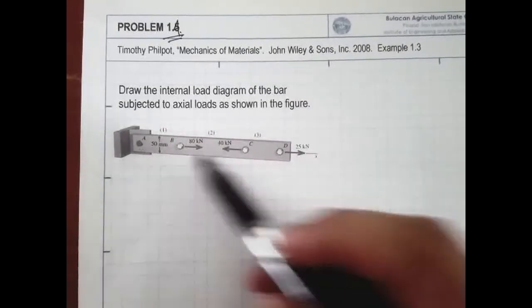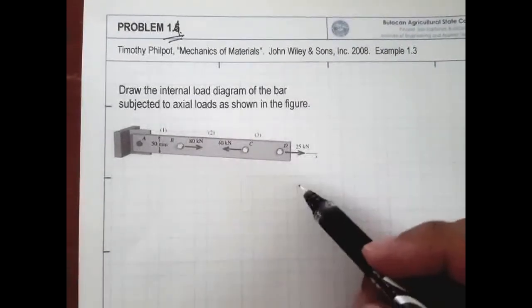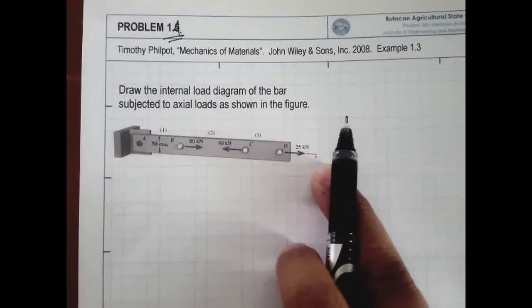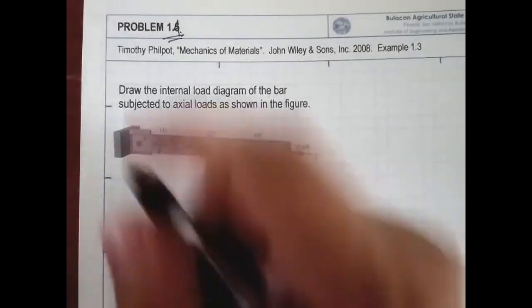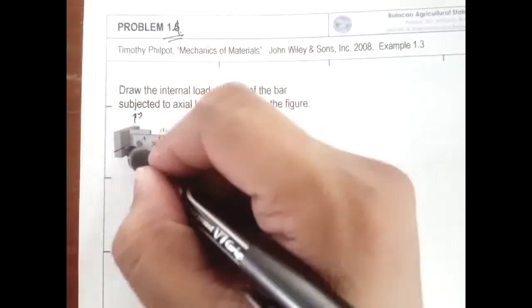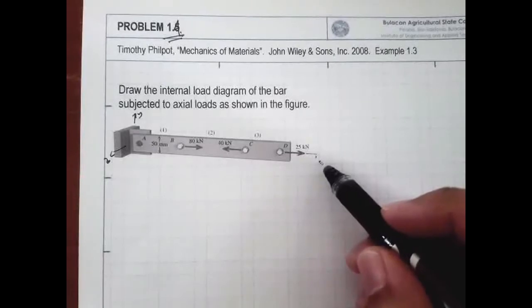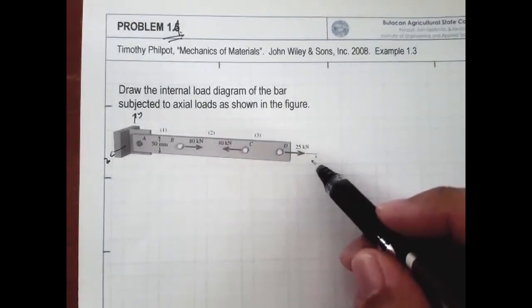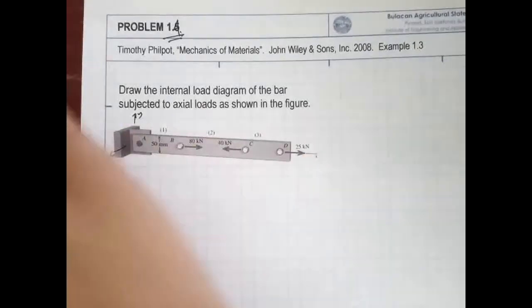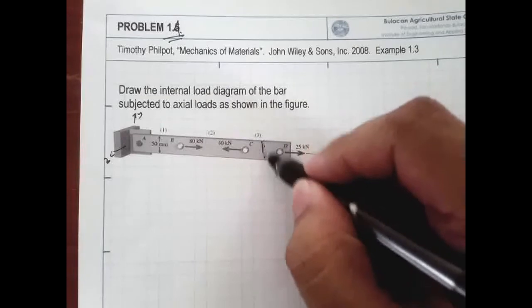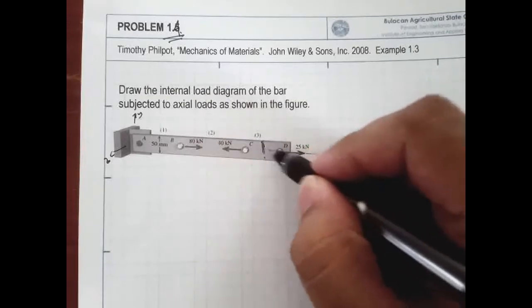So we have a bar right here, and this bar is just loaded along the x direction. Let's say this is x, this is our y, and this is our z, the loading is purely along x. Recall that if the force is perpendicular to the cross-sectional area, and I make a cut right here, the forces are purely axial.